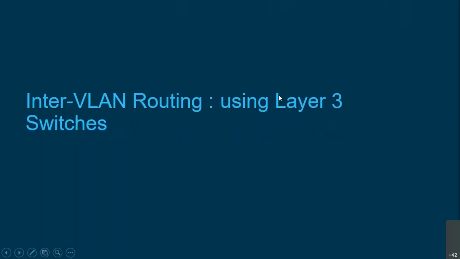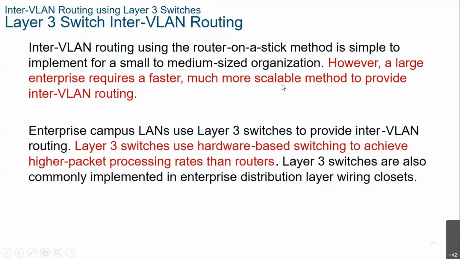Now let's look at how we are going to do inter-VLAN routing using a layer 3 switch. As we said just now, this is something used by medium-sized to larger organizations.